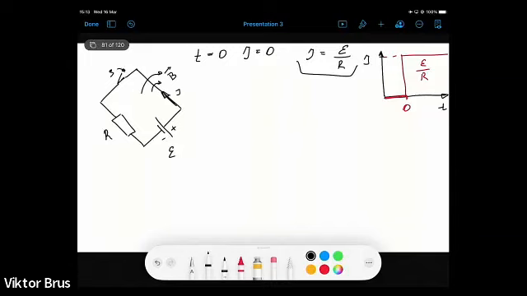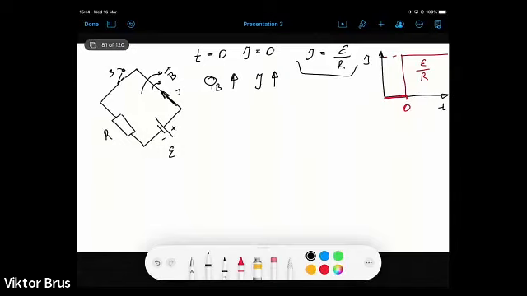So if current increases, then it creates a magnetic field which also increases in magnitude over time. That automatically means that we will have some time-dependent magnetic field flux through the loop of this electric circuit. So magnetic field flux will also increase as electric current increases.